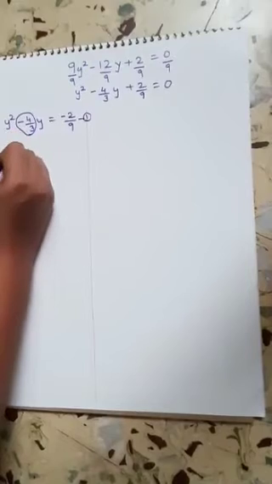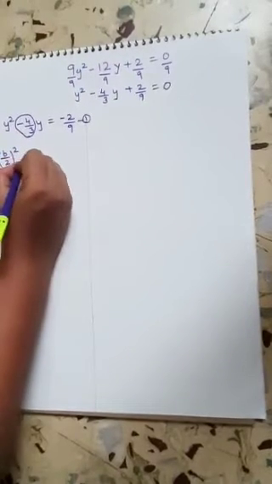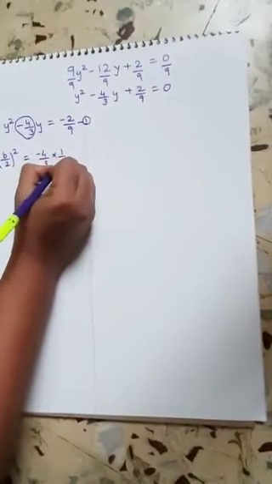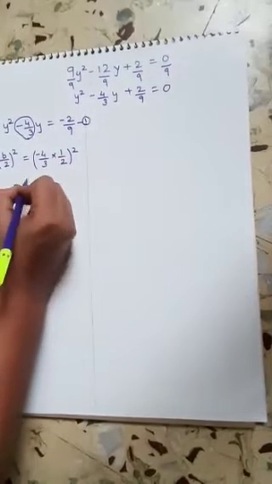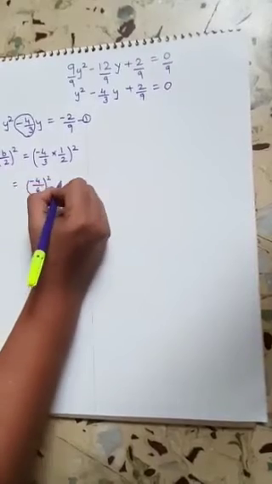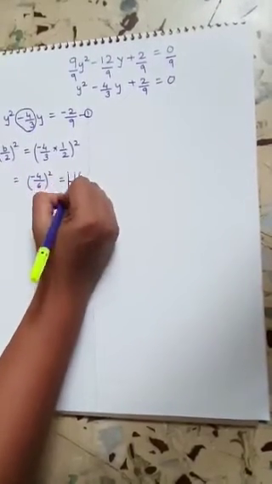Take half of that. So half of b and square it is going to give me minus 4 upon 3, half of that, and square that. So I'm going to get minus 4 upon 6 whole square, that is 16 upon 36.